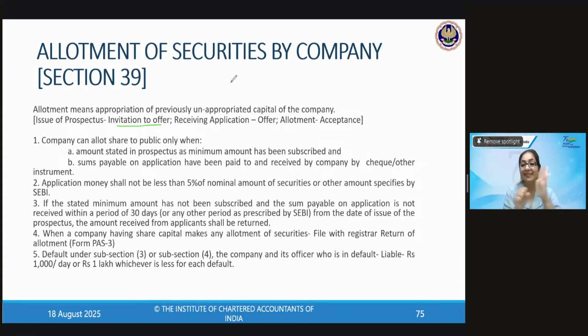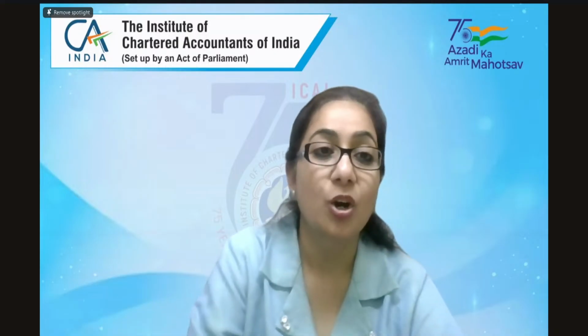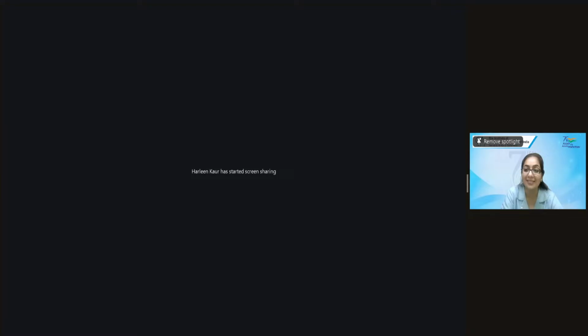And when the offer gets accepted, it becomes a contract. Very nice. All of you agree that when it gets accepted, it becomes a contract. Now it's a valid contract between the company and the shareholders. Harsh, we'll be covering most of them in the class itself, so don't worry.